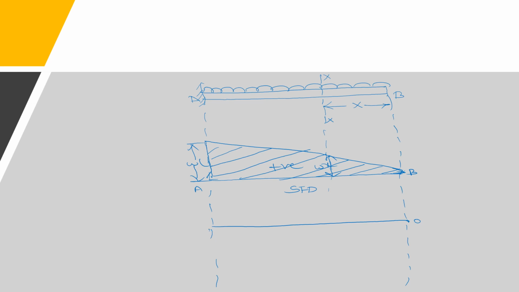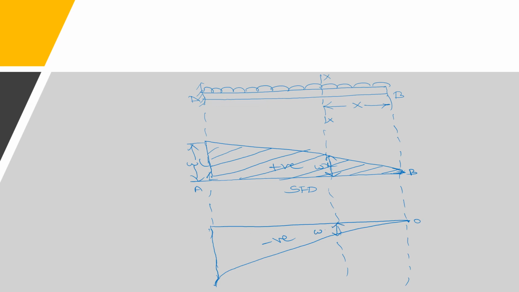So here from A to B draw a parabola like this, and this total portion is negative bending moment. And at the x section here we'll get the bending moment value as wx square by 2.